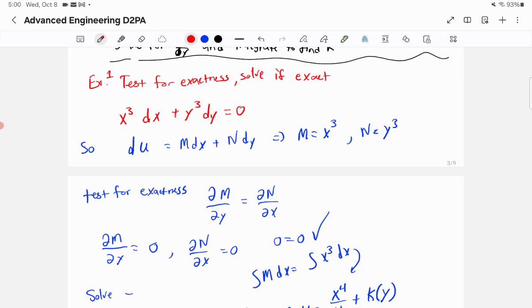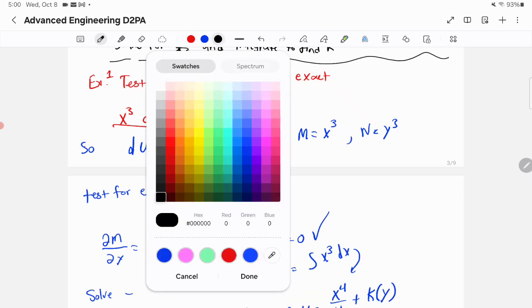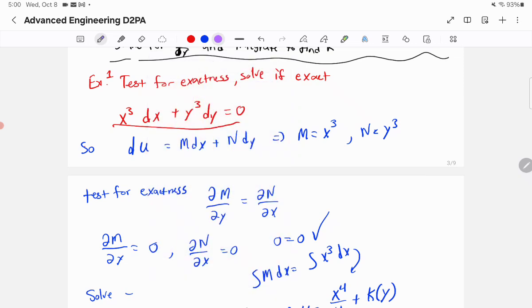Okay, so first let's test for exactness. What we have here is the function x cubed dx plus y cubed dy. Notice that we're going to switch colors here just so that we can have something different. Notice that this must be my M, and this must be my N, right?